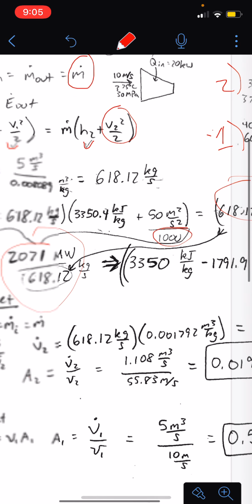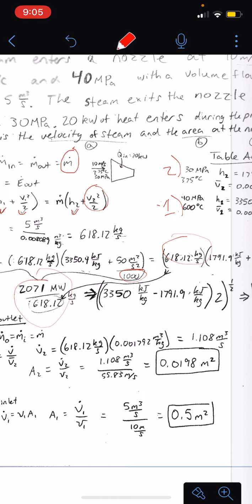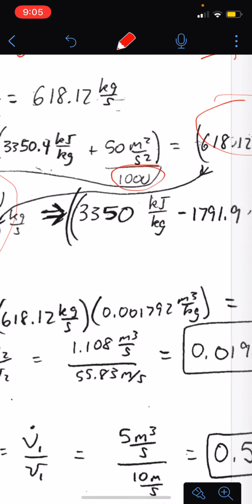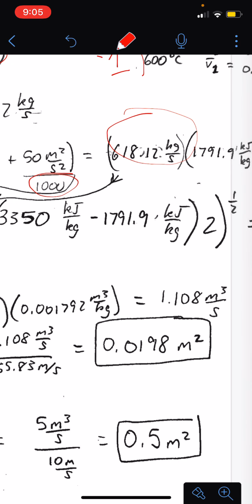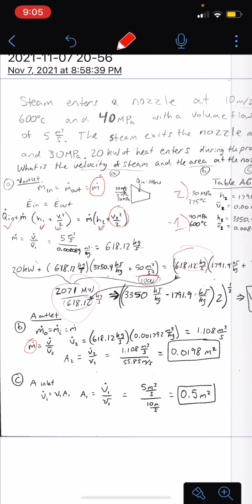And then to find our area at the outlet, we divide the volume flow rate that we just found, 1.108 meters cubed per second, by the speed of steam at the outlet, which we calculated in part A. So 1.108 meters cubed per second divided by 55.83 meters per second gives you 0.0198 meters squared. So that's the area of the nozzle outlet.